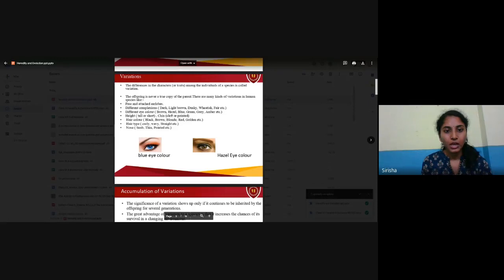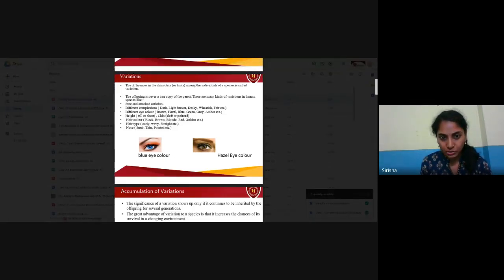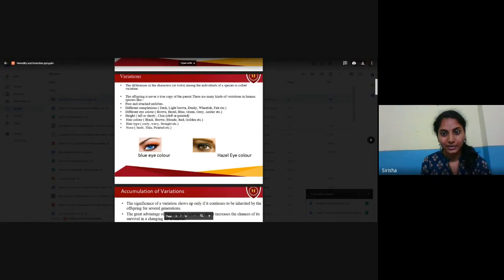And different eye colors as well: in the picture he is showing blue eyes as well as hazel eye color. Hazel is like brown, and our eyeball color is black.